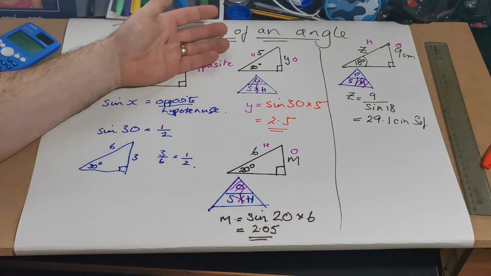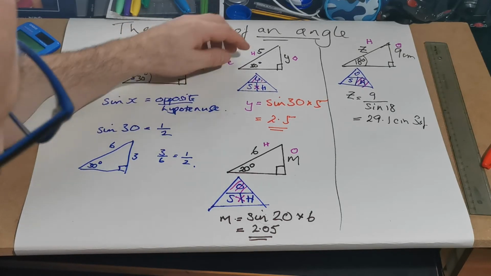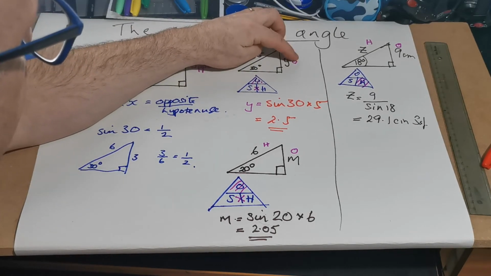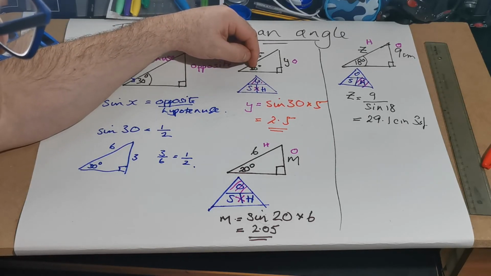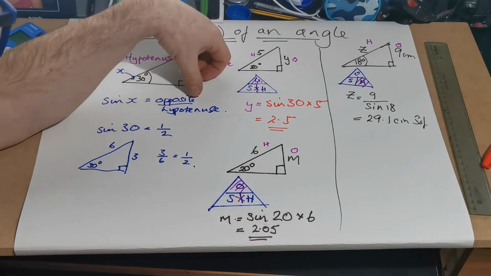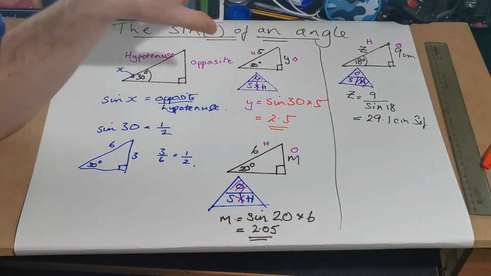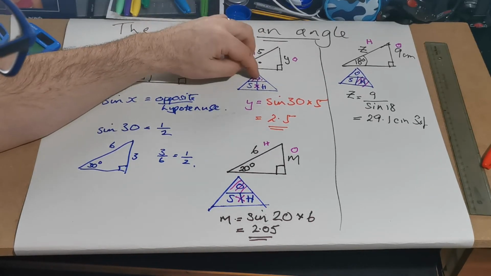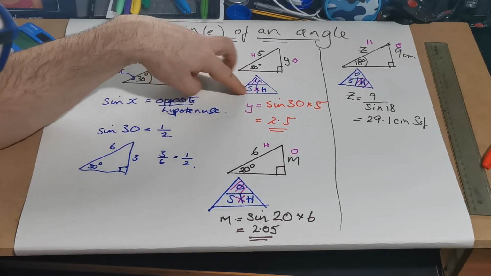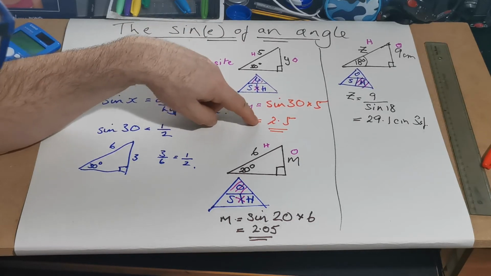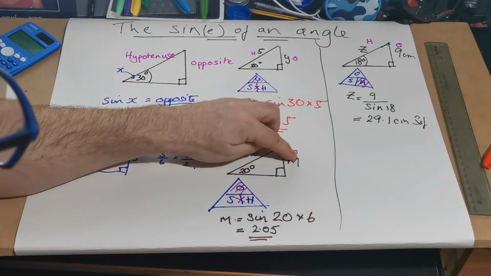And then I'm moving on to using that fact to help us to work out bits and bobs. So if I needed to work out an opposite, I would know that my sine 30 would be consistent all of the time, and it's always the opposite divided by the hypotenuse. So this here I've translated into an algebra triangle to help me just rearrange it. So my opposite, which I'm finding out, is on a different level to sine and the hypotenuse. So sine 30 times 5 will give us my answer to what my opposite is. And then this one, the opposite again is what I'm finding out.